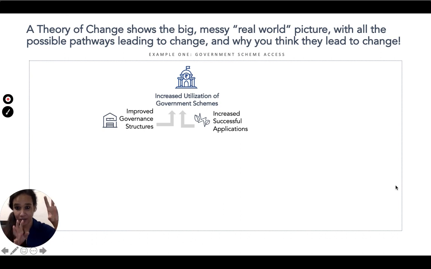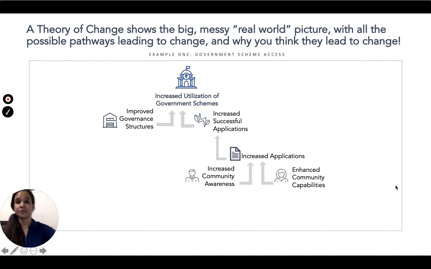Also, on the other side of the same coin, is having improved governance systems and structures to ensure that when applications are made, schemes are deployed down to those who apply for these. So there are two things, right? One is successful applications and the second is improved governance structures.